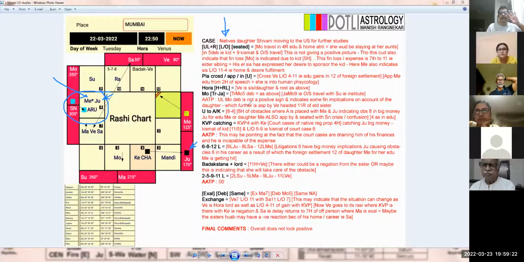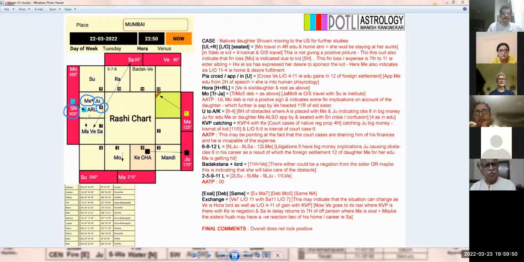So the Karak planet Jupiter is seated in the 8th house of obstacles. Obstacles related to what? Mercury, that is the daughter and the education. It is also connected to snake, which is crisis.